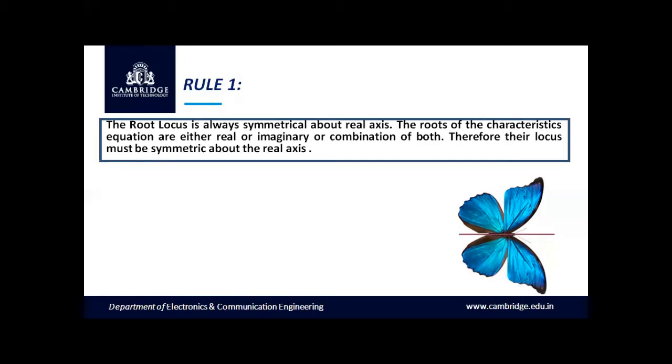Similarly, in the S-plane, if you represent the locations of the poles on the real axis and the complex conjugate poles, which appear as a mirror image in the S-plane, and if you vary the parameter k in the characteristic equation, the roots will change their location, and we are very sure that it will be symmetric with respect to the real axis.